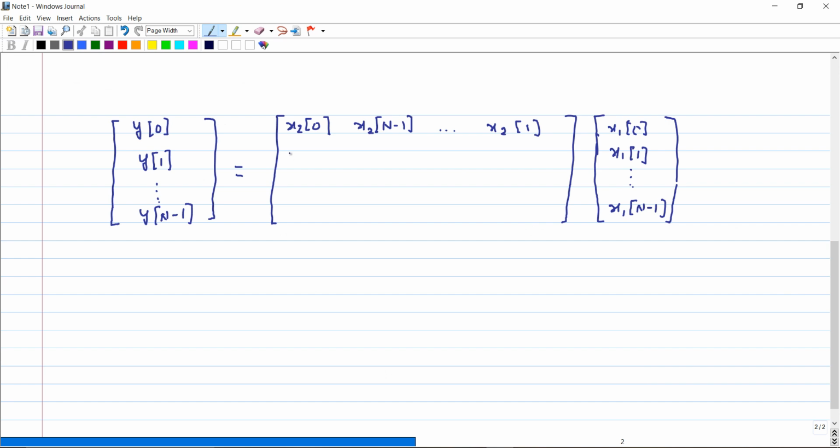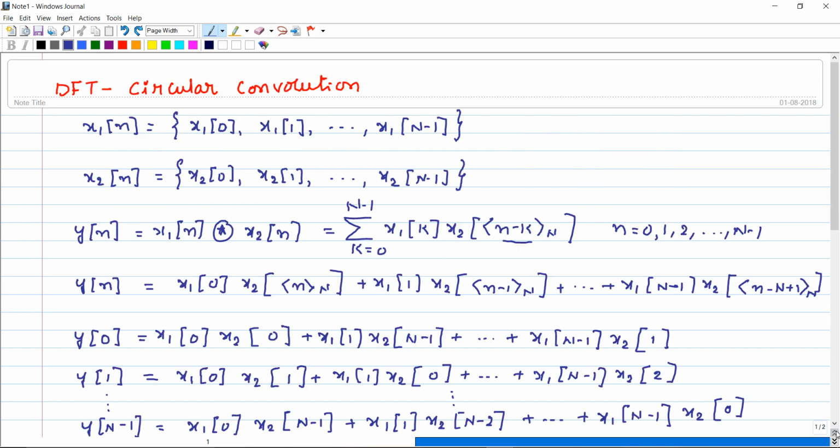Okay, and similarly what will happen to the second row? This fellow can be written as x2 of 1 and x2 of 0, and so on up to x2 of 2. Okay, so let us see what is the last term in the previous page. So last term would be x2 of 2.